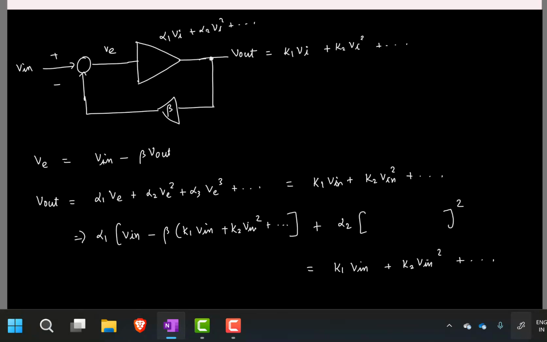So then how can you solve for K1, K2, K3? What do you equate? Yeah, you equate powers of V in on both sides and solve it.